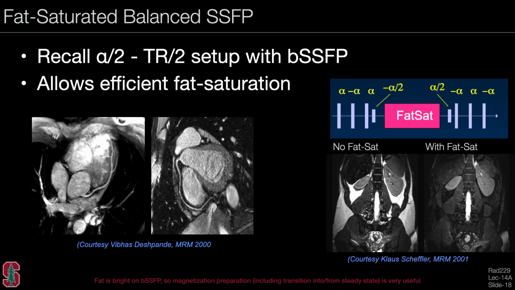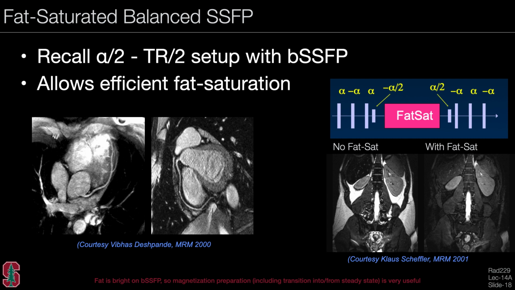Now another approach that's very elegant is to look at the steady state balanced SSFP sequence. What you see here is that we play this alpha over 2 after the fat sat on the far right, just like we do on the left. But what's interesting is we play the steady state, and we play a minus alpha over 2 immediately before the fat sat. So we bring the steady state magnetization back to the longitudinal axis, play the fat sat, and then we go right back into the steady state.